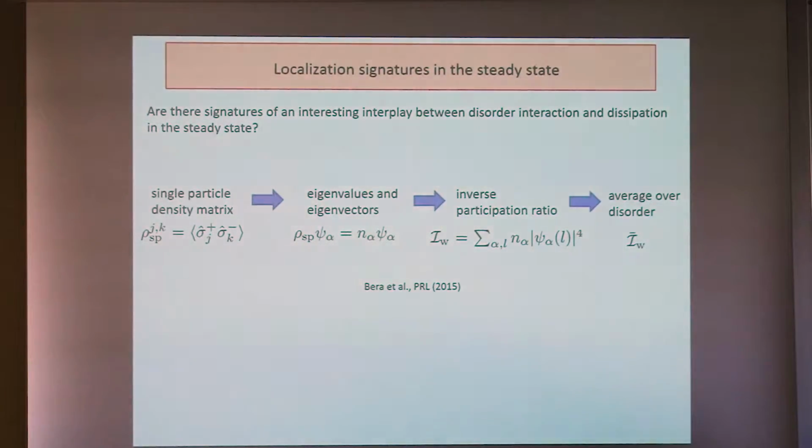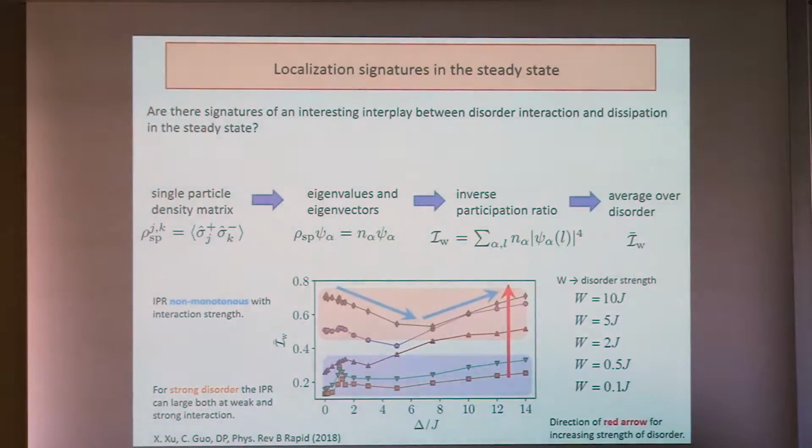But now the general question is, do we have signatures of localization? And again, we look at this inverse participation ratio. So we have the single particle reduced density matrix, look at the natural orbitals and their occupation, and we look at the inverse participation ratio, and we do the average over disorder, similarly to what was done by Beer and others. What do we see?